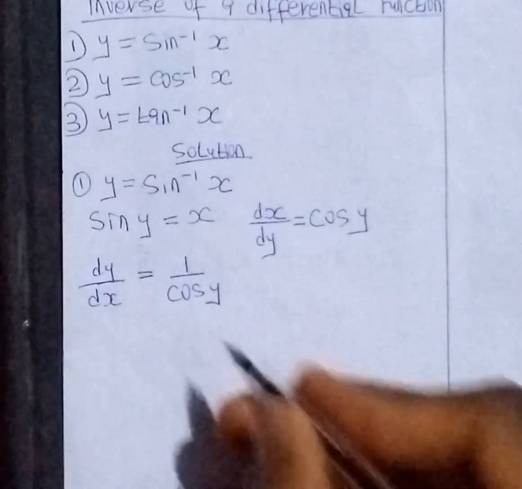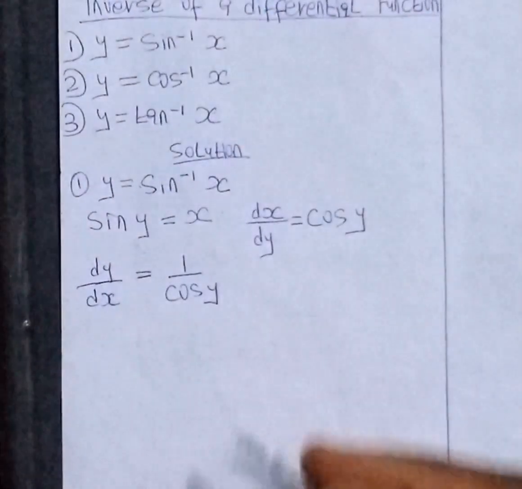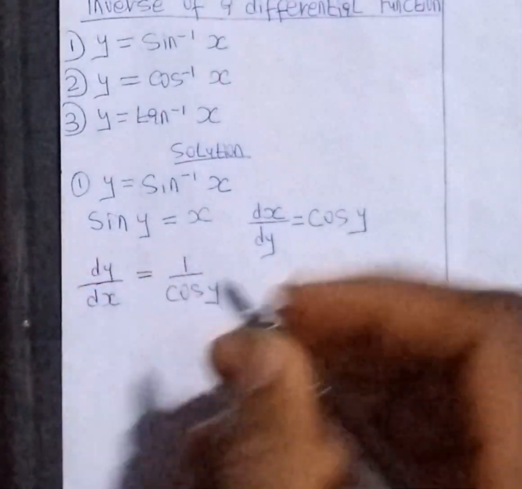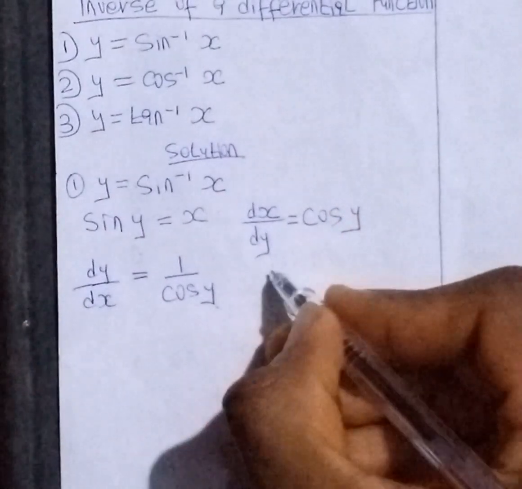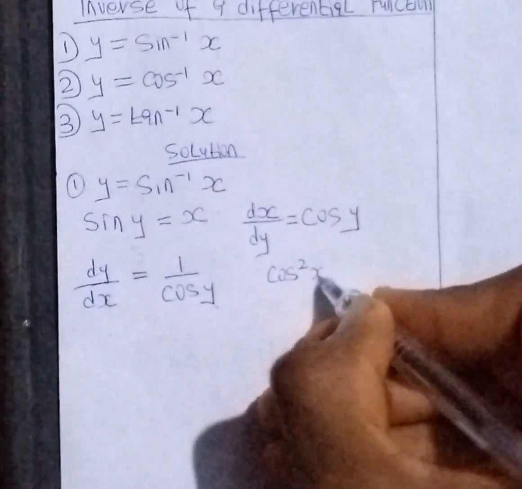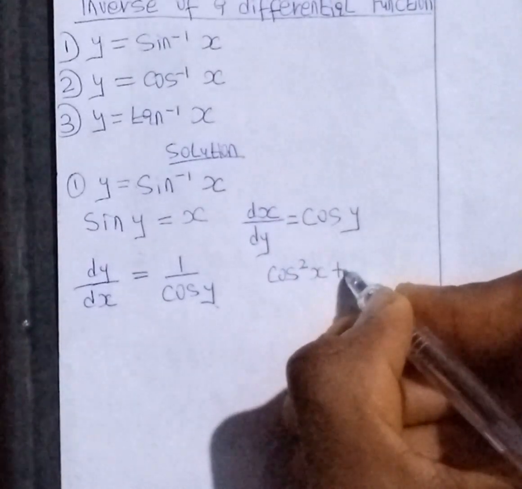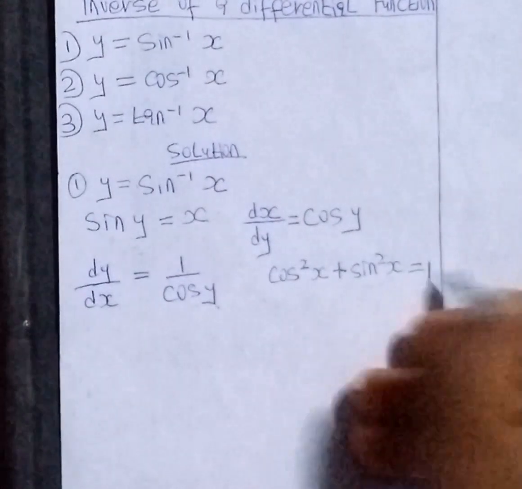So the answer at this point is 1 over cos y. But in trig identities, we have that cos squared y plus sine squared y equals 1.